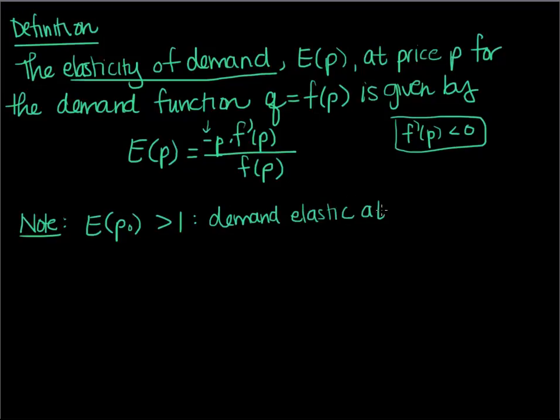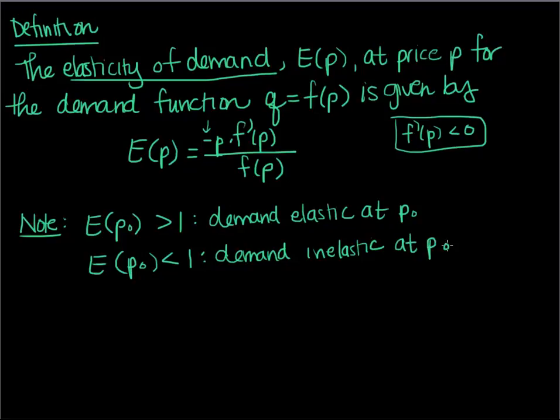If I put in a price point P naught, or P sub 0, and it's less than 1, then what we say is that demand is inelastic at that price point. So if it's greater than 1, it's elastic. If it's less than 1, it is inelastic.